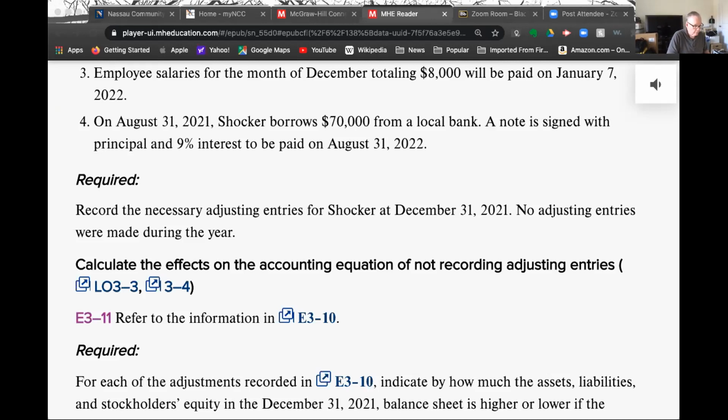So what's the amount? We started with 1,000, right? And then we bought 3,400 more. So that means we had $4,400 worth of supplies at one point, but there's only 500 left. So 4,400 minus 500 is 3,900. That's the number they're looking for in the entry, 3,900.